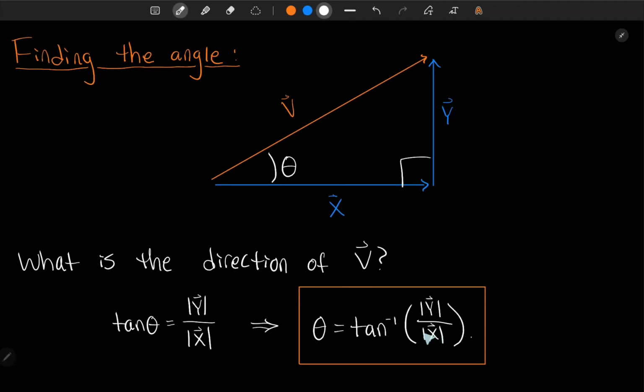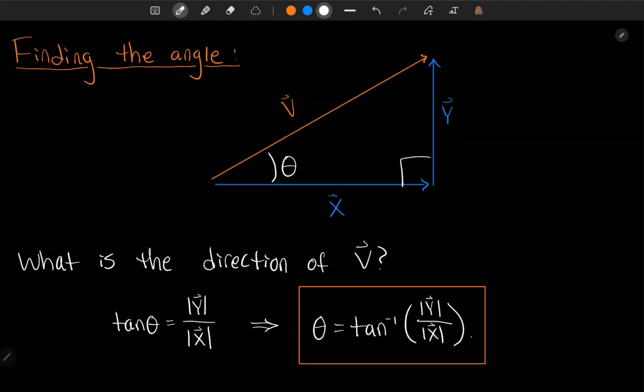And when you do this, you find that the angle is equal to the inverse tangent, or the arctangent, of the length of the y component divided by the length of the x component. And that's how you would find the angle of a resultant vector given two of its lengths.